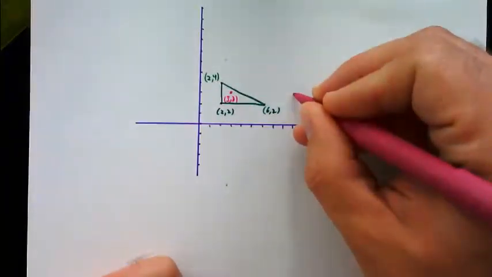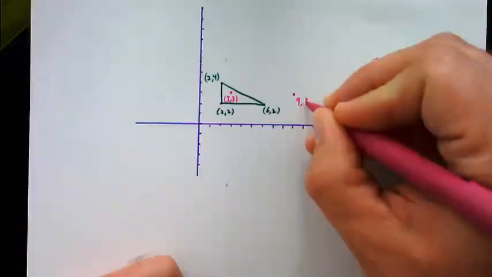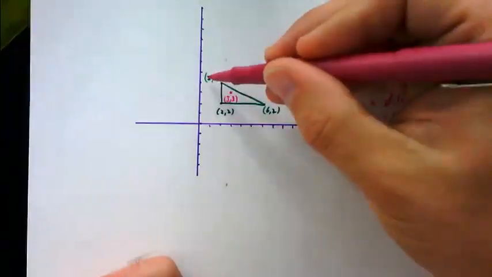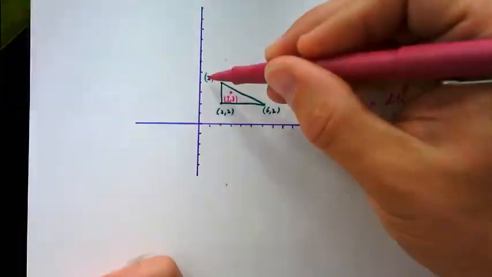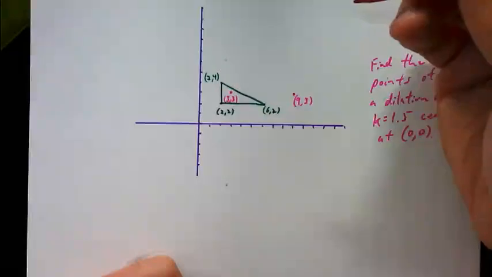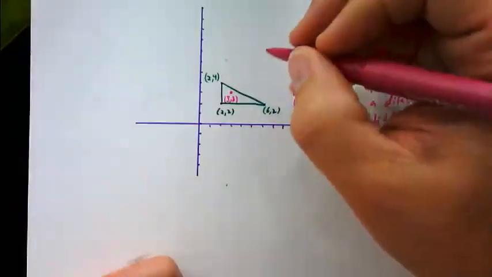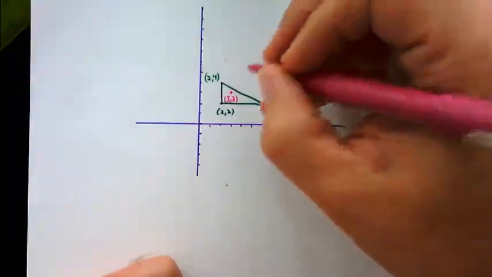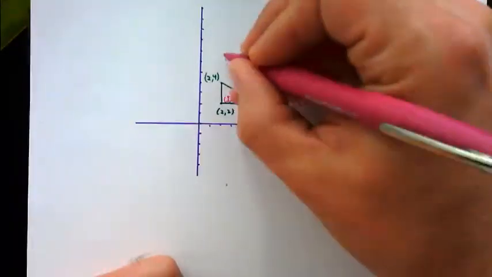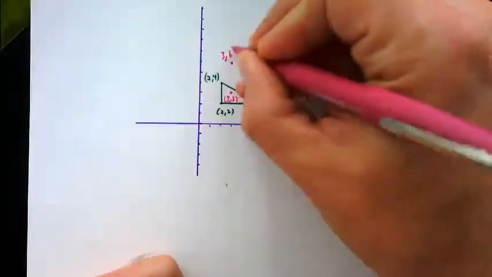So this point is at 9, 3. And again, I had 2, so I already know 2 times 1.5 is 3. 4 times 1.5 is 6. So this is at the point 3, 6.